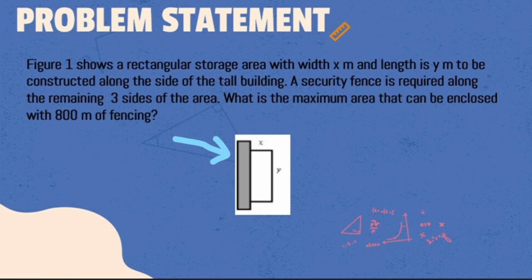And then it states that a security fence is required along the remaining three sides of the area. The remaining three sides of the area refer to these sides. This side is not included. That is actually just these three sides.